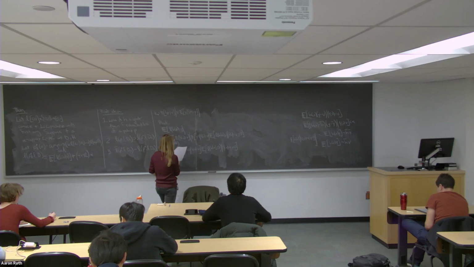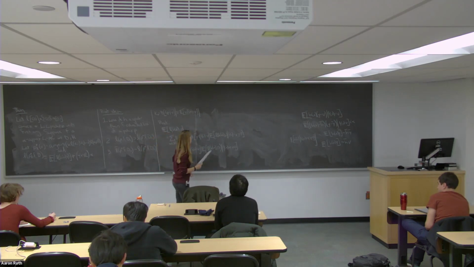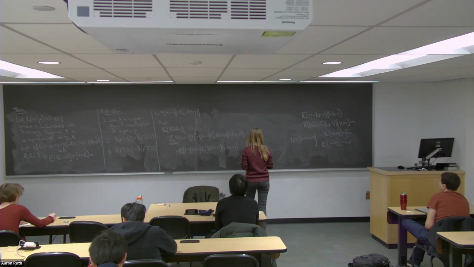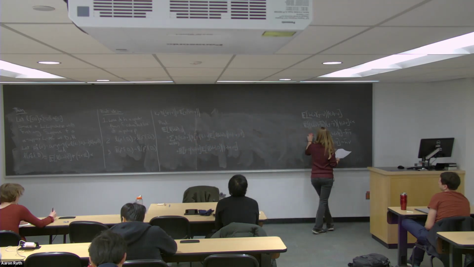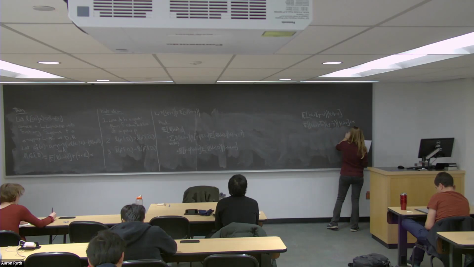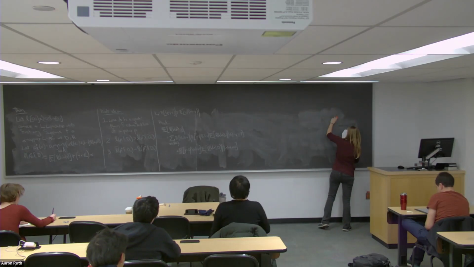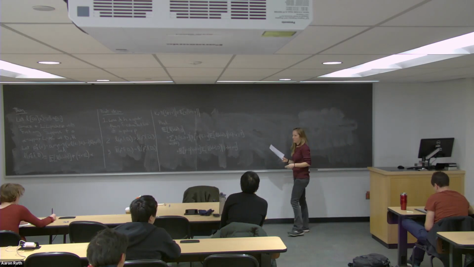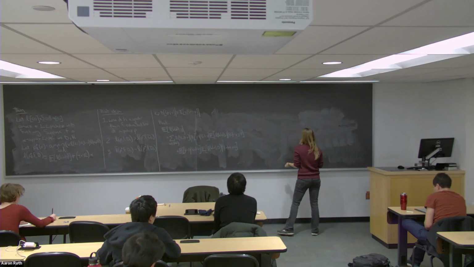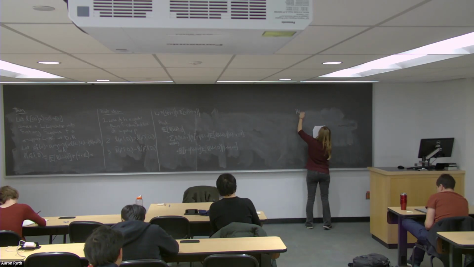Let me fix some notation real quick to save us having to write a bunch of nasty expectations. I'm going to fix some shorthand for the expectation of H conditioned on f of x being v and the label being 1. We'll say that's HV1 here.